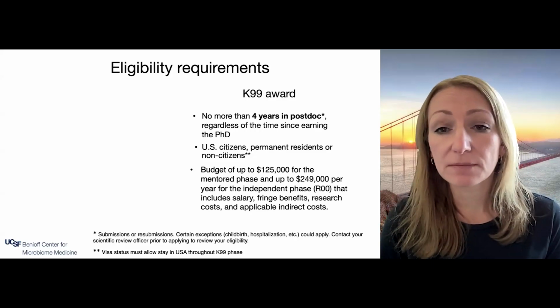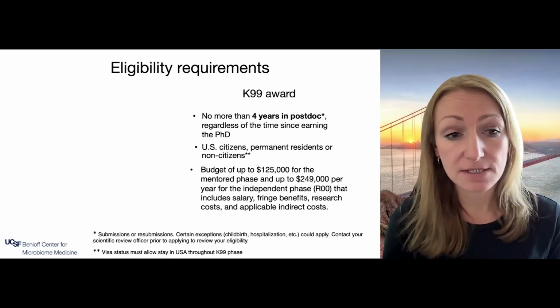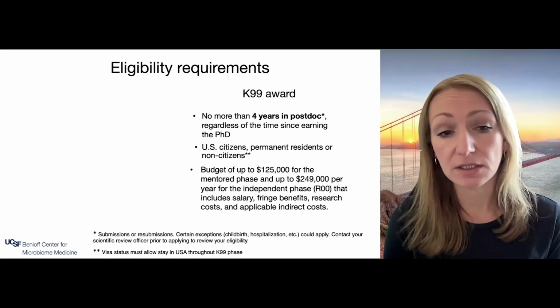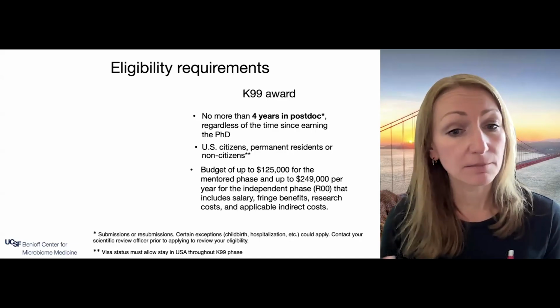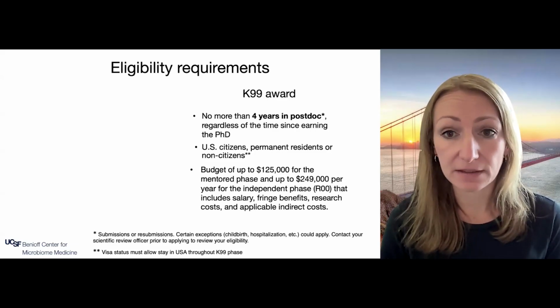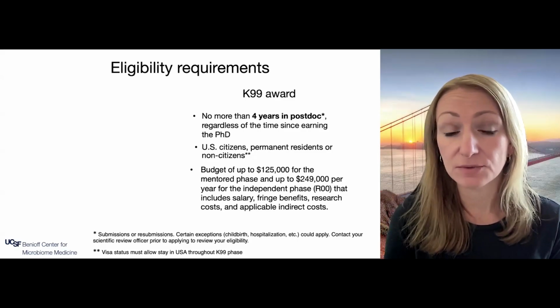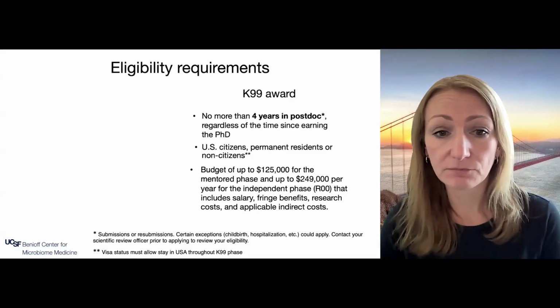However, you can be starting your postdoctoral position years after you completed your PhD if you had a gap year or went on a different career path. That doesn't matter. It is important that you are not exceeding the 4 years into your current postdoc.